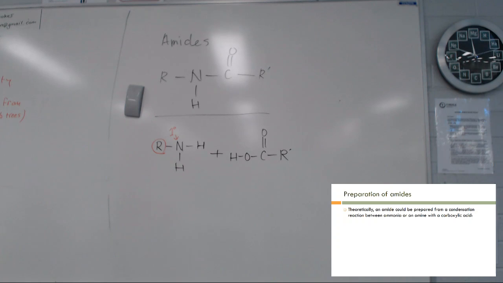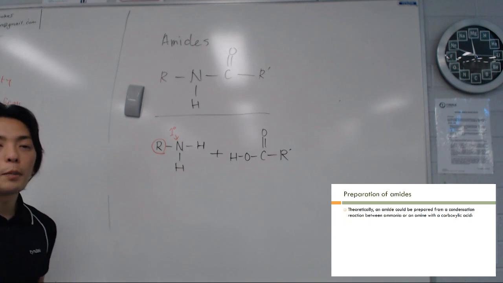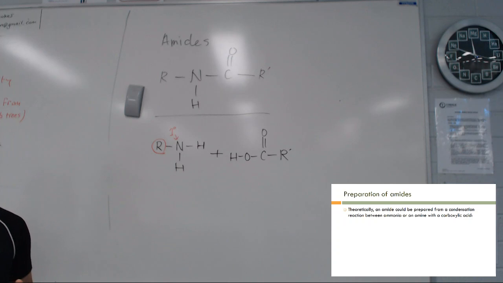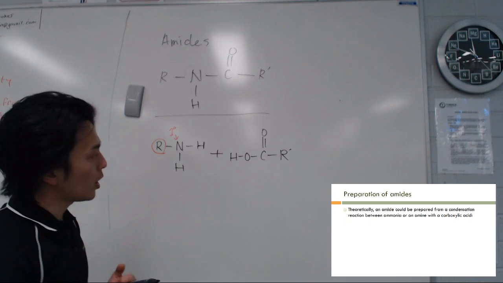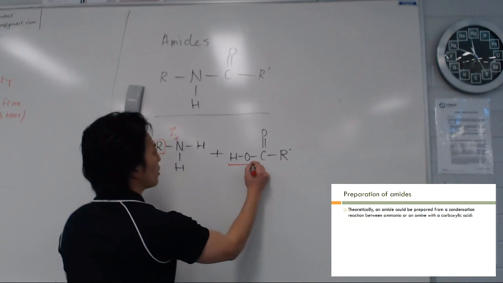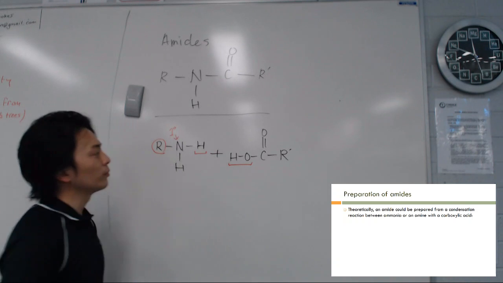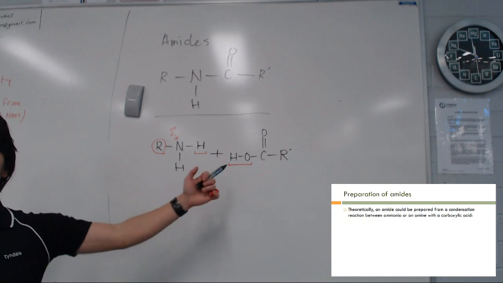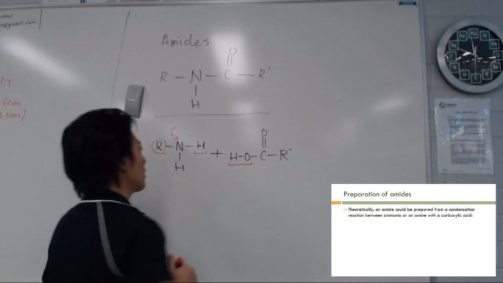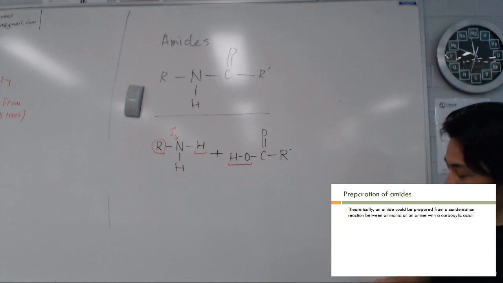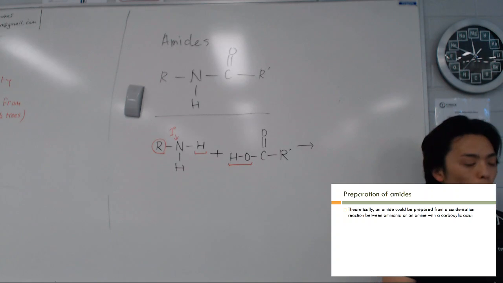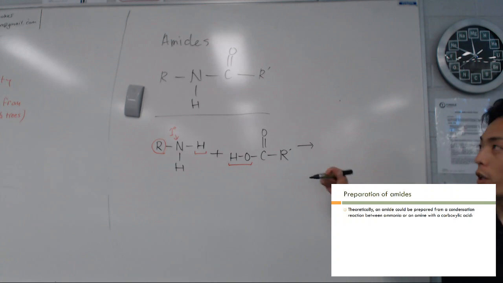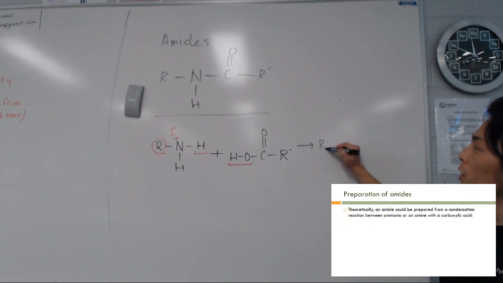So similar to what you saw with the esterification reaction, the water can come out. Yeah, that's why it can be called condensation. So what would come off? I would say this again, and this. Yeah, so hydrogen and the OH group there should make water. So the resulting product should be something that we just drew there.